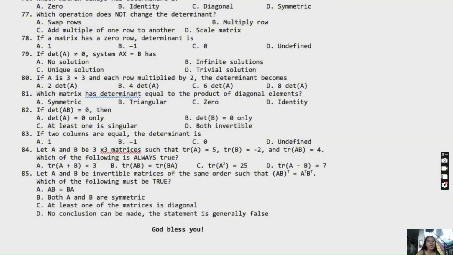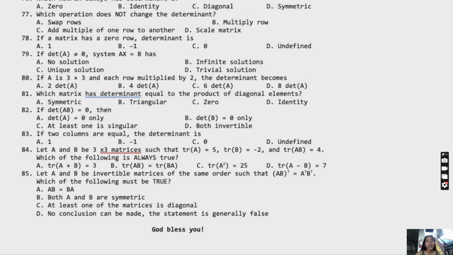So, that concludes my discussion of the given examination for our midterm in linear algebra. The discussion we reviewed, based on the exam paper, covers the topics of matrix operations, determinants, inverse matrices, systems of linear equations, Gauss-Jordan elimination, Cramer's rule, transpose, and trace.